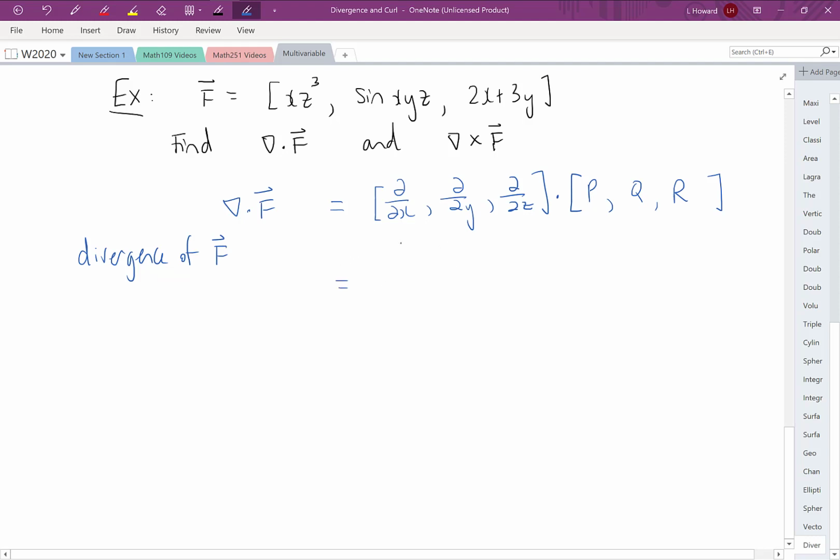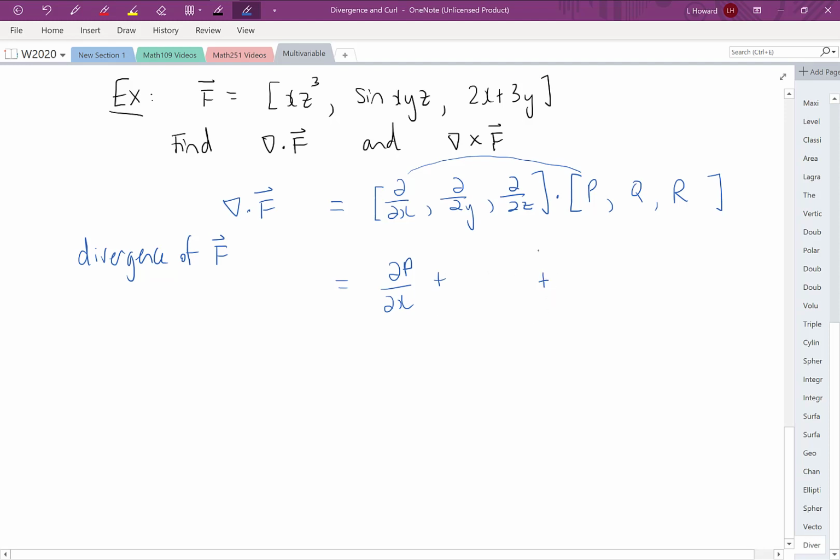So when we actually perform this dot product, we're supposed to multiply the first components together. So we get something that looks like delta by delta x times p. But this is not actually a multiplication. This is letting the operator delta by delta x act on p. So a more natural way of writing that is actually delta p by delta x. And then the dot product sums up.